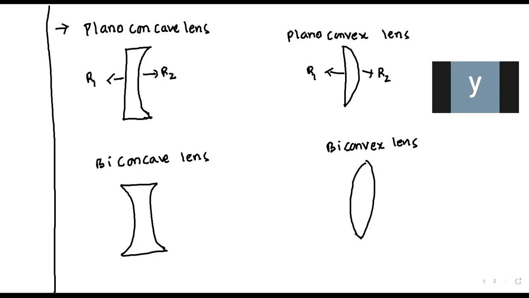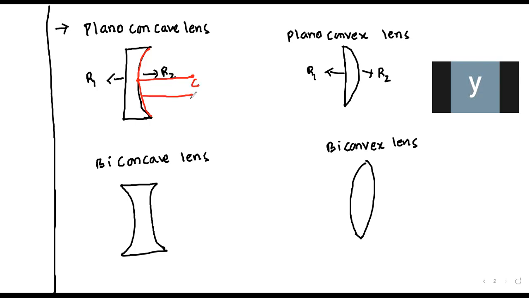In the plano concave lens, observe carefully this concave spherical surface. That means from the optical center to some distance, that is towards the right, we will have the center of curvature.